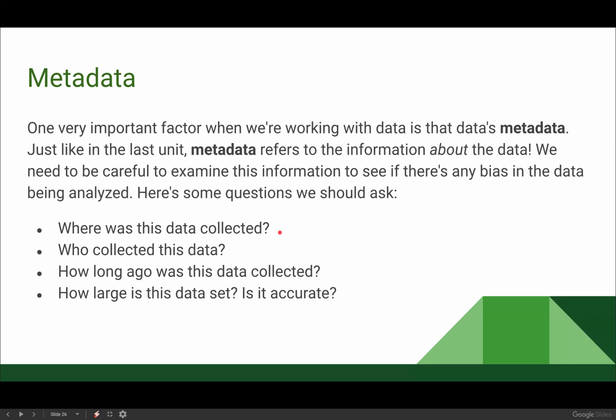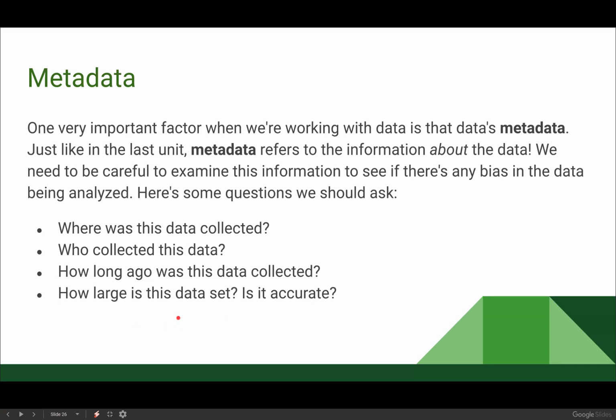So we need to ask, where did we collect this data? Is it possible that we only surveyed a specific group of people? Who collected this data? They might have a bias in what kind of data they wanted to collect. When was this data collected? If it's really old, it might not be relevant or pertinent anymore.